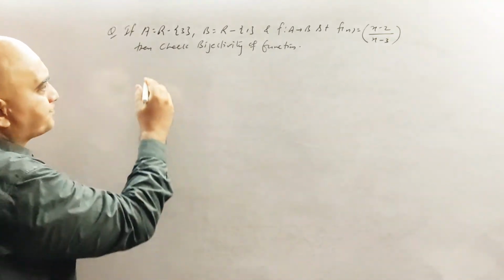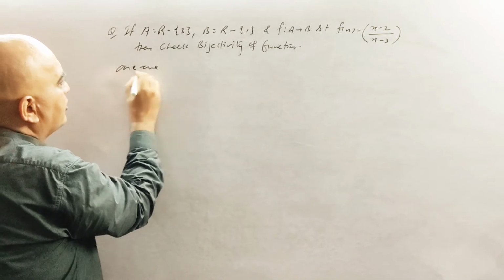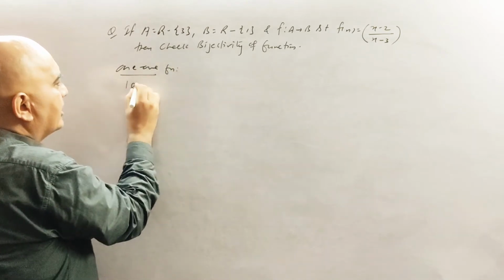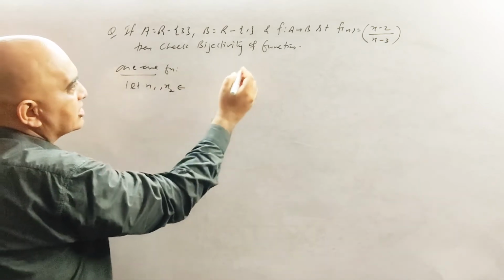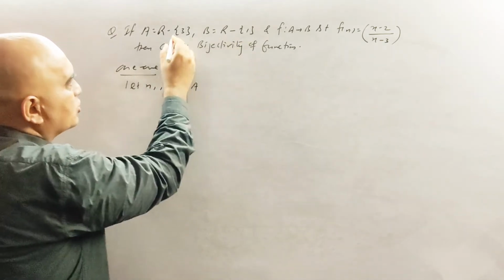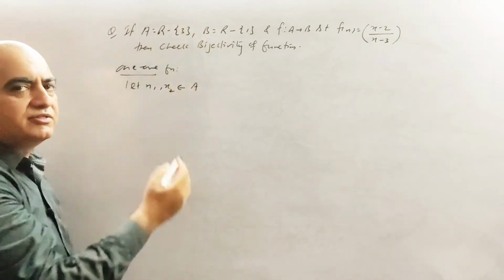So first of all, if f is this function, so for one-one function, what will you do? Same, let x1 and x2 be two reals. Reals means they are belonging to A set which contains all real numbers excluding 3, right?